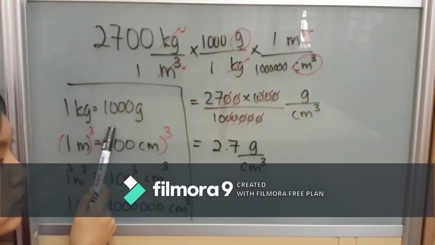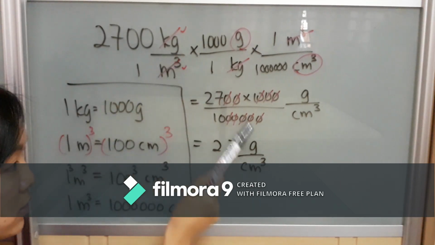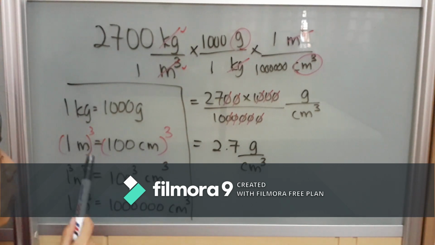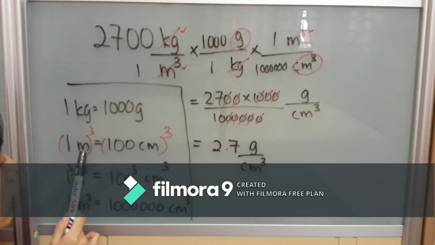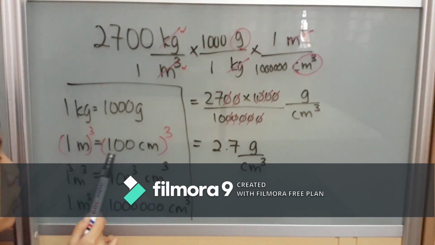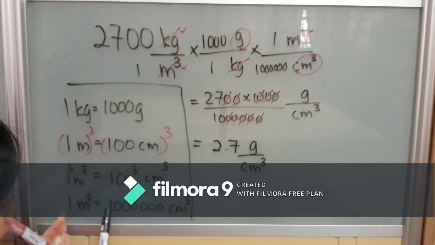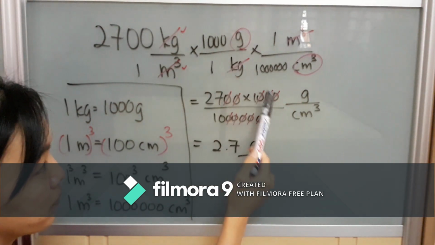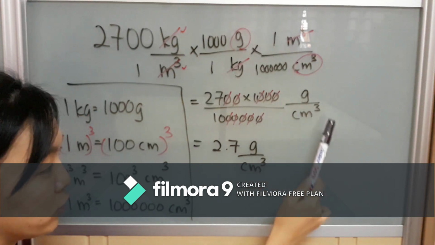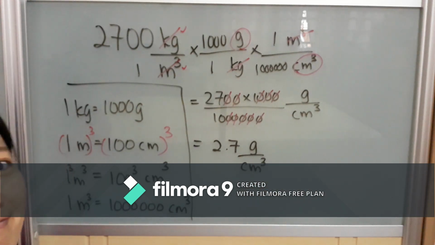Put it down first. The relationship between this and this, and the relationship between meter cube and cm cube. You don't know, it's fine. Come back to the basic: 1 meter to 100 cm. Then only you cube them. Then only you put them in, slash them, number to number, unit to unit, then you'll get the answer. Okay?